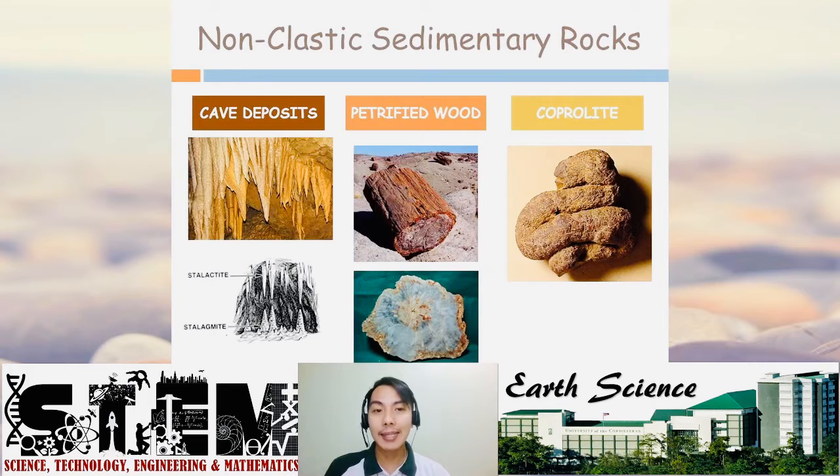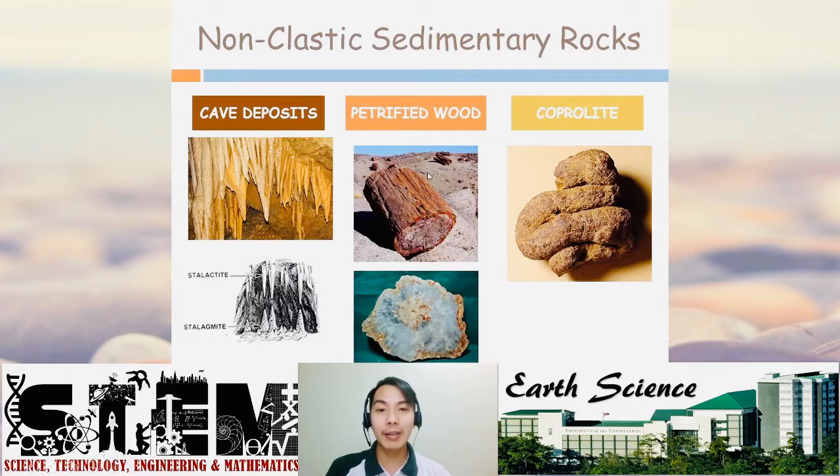Stalactites are formed on the ceiling of the cave, and stalagmites are formed at the ground level. It takes thousands of years for them to form. These are still examples of sedimentary rock.